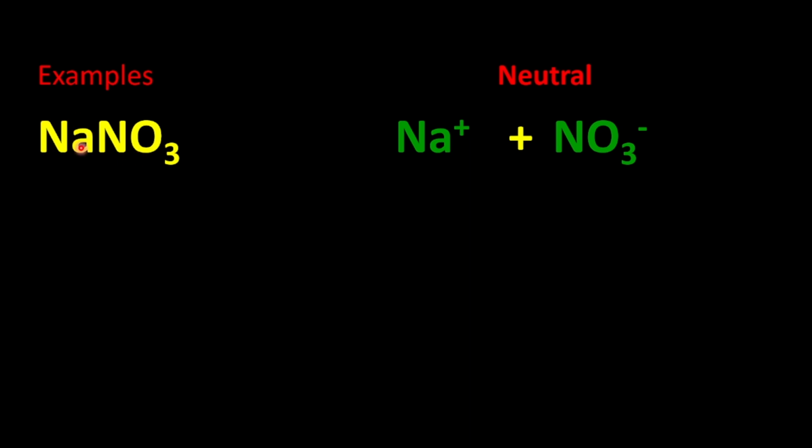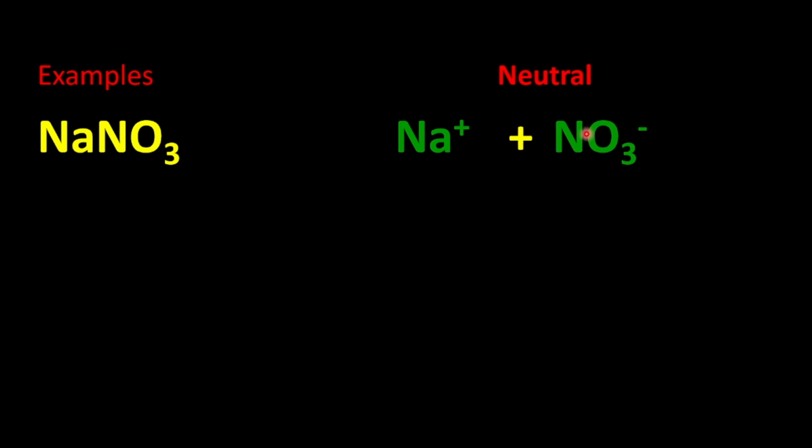Now let's look at the first one here. We have what we call sodium nitrate. Now the question is, sodium here, is it part of the ions that undergoes hydrolysis? NO3, is it part of the anions that undergoes hydrolysis? So these are some few questions that we have to ask ourselves. So we have Na+ plus NO3- when they dissociate.